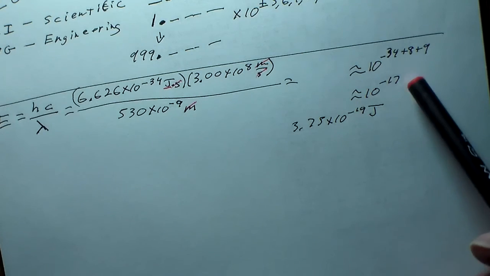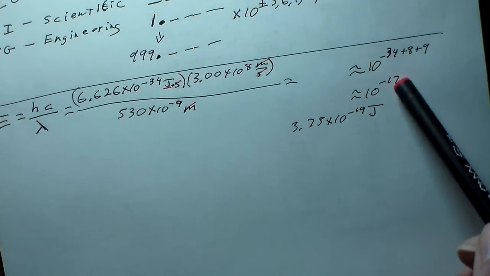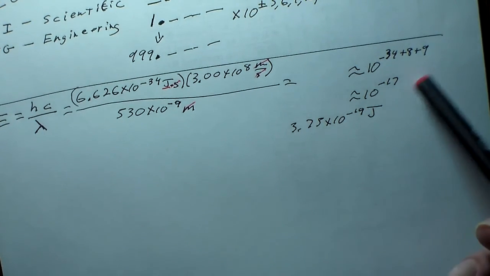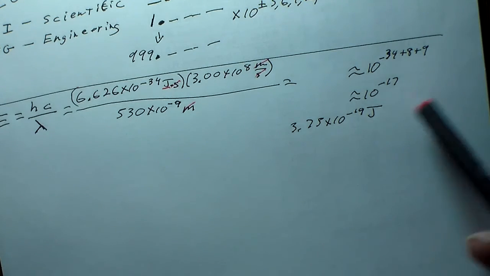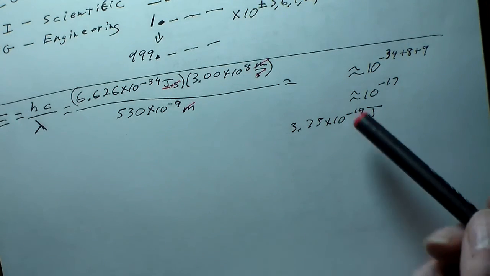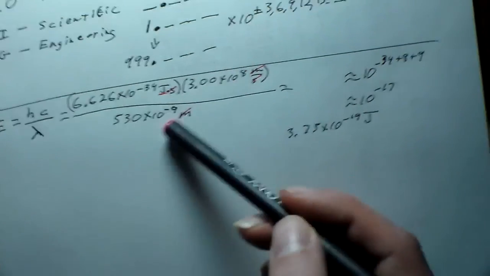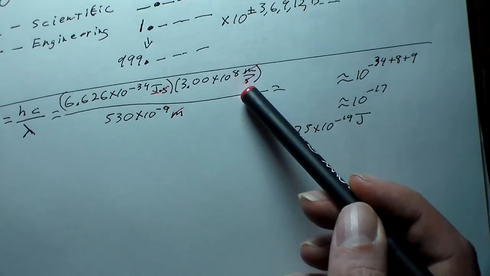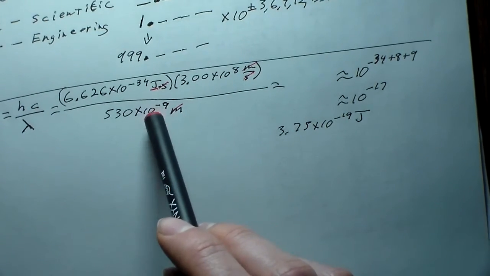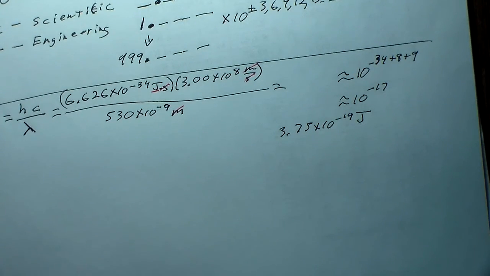If we're within about 100 or 1,000, generally we're going to be okay. But if we start getting numbers that are millions and billions off, then you can say, whoops, I probably multiplied instead of dividing when dealing with these numbers. So just always be very careful of that.